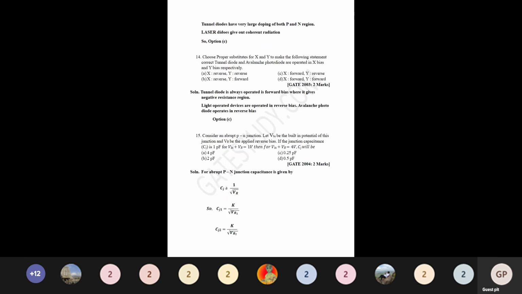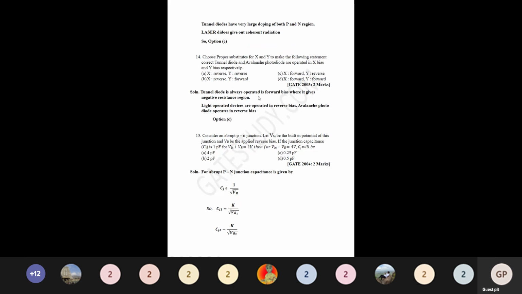Next, choose proper subtitle for X and Y. To make the following statement correct, tunnel diode and avalanche photodiode are operated in X bias and Y bias respectively. The options are A, X is reverse, Y is reverse. B, X is reverse, Y is forward. C, X is forward, Y is reverse. And D, X is forward, Y is forward.